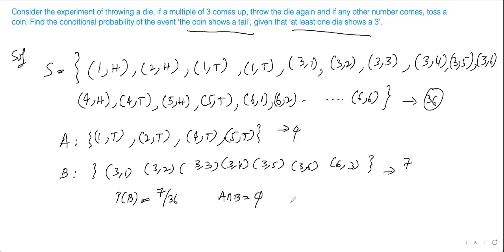Okay, and the probability of A given B is the probability of A intersection B by P of B, which is 0 by 7 by 36, which is 0.